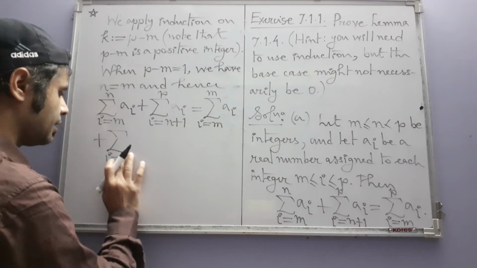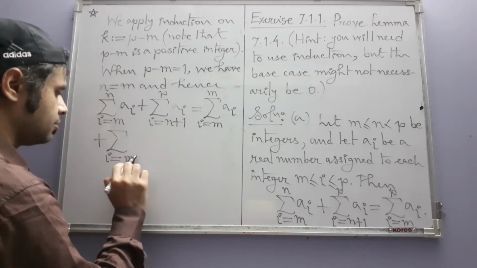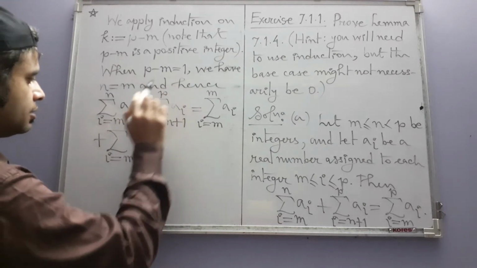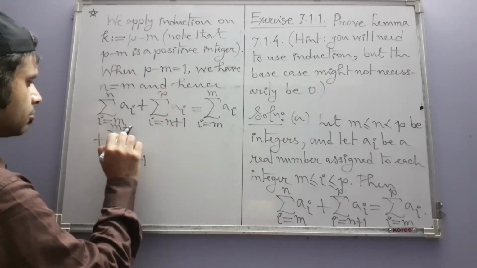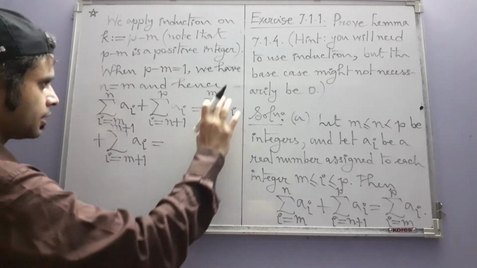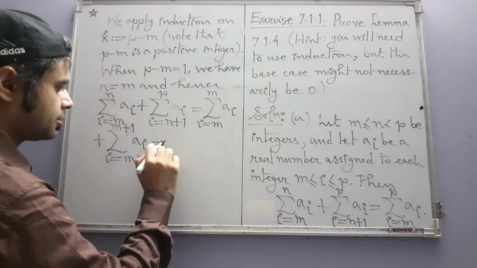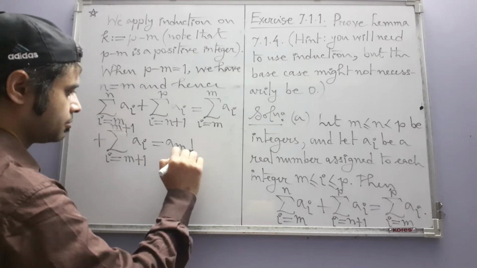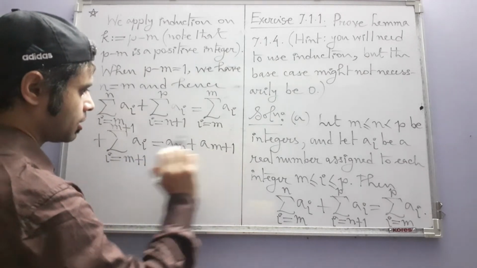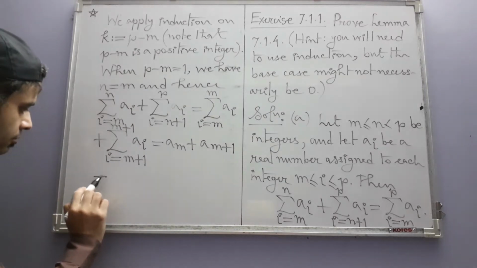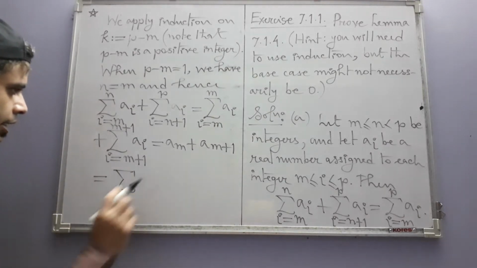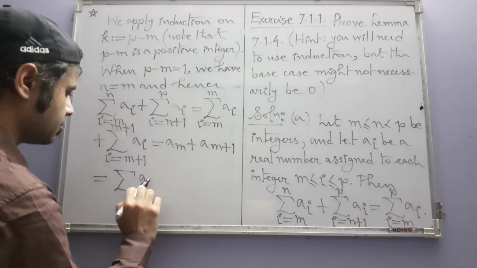Now because n and m are the same thing, we can write m here in place of n, and p is m plus 1. By the definition of finite series, this is a_m, and this one is a_(m+1). And that just turns out to be equal to this.